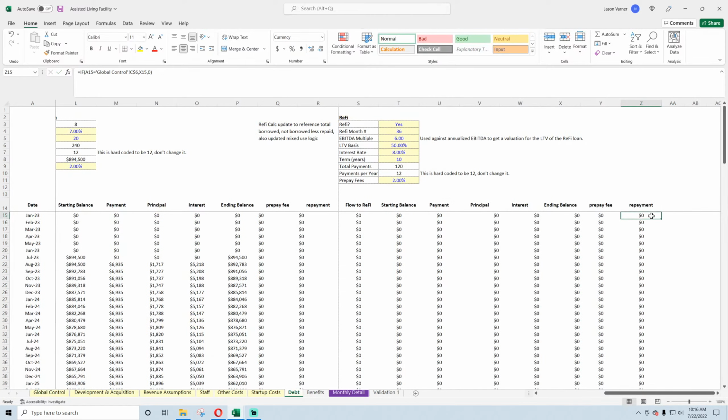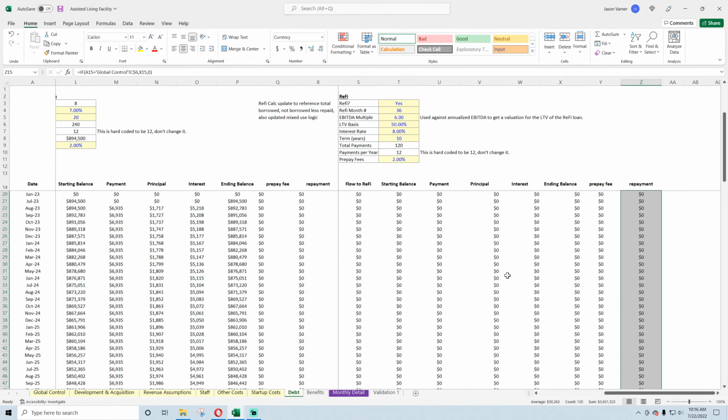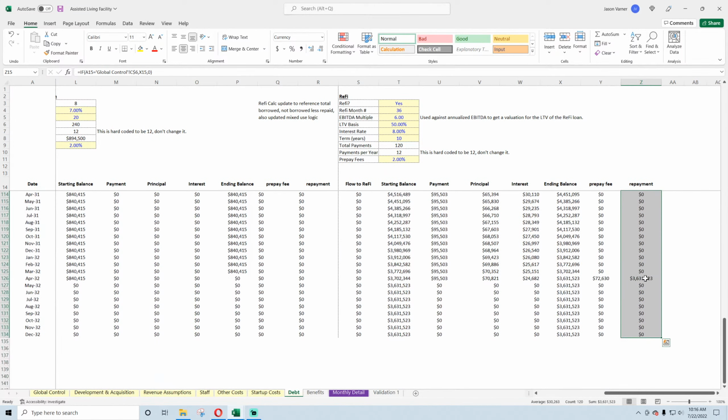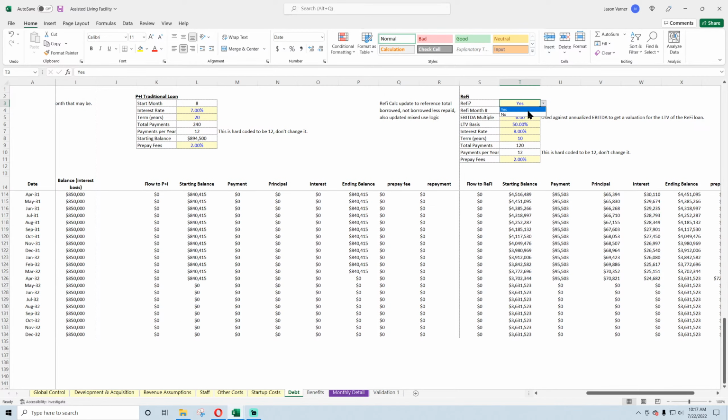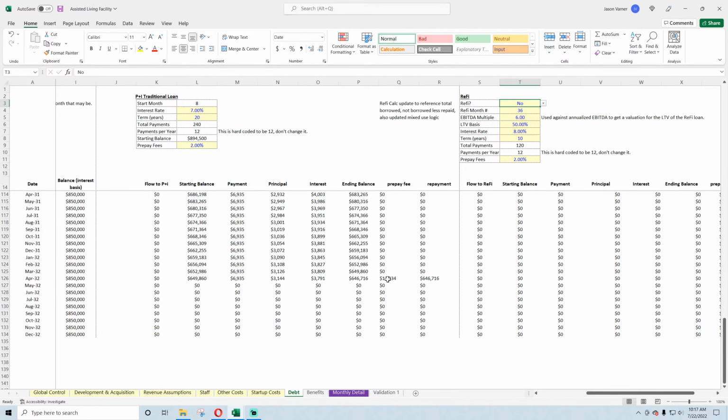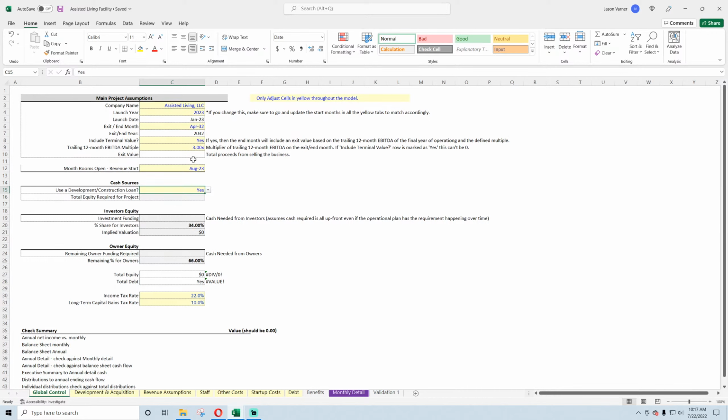Now, the trick is we know there possibly could be a repayment, but there might not be. And did we work out on the initial loan? Let's see if we do this. So if there's no refi, okay, yeah, so this is zeroing out, but what if we don't include the exit?